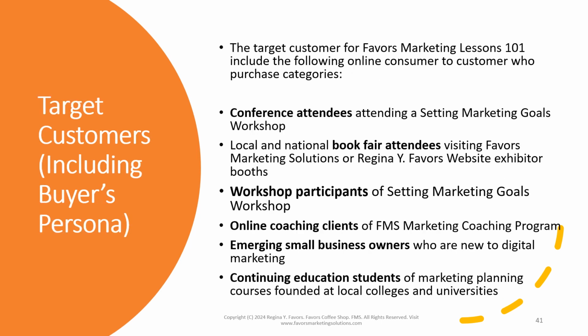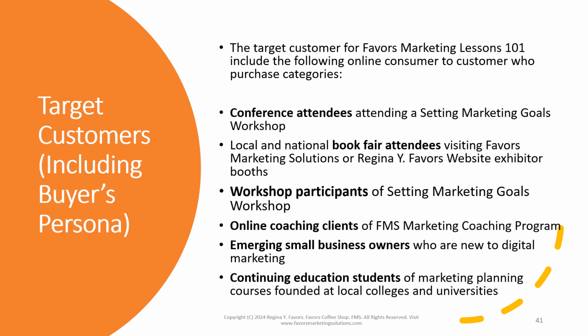All right, so target customer, including the buyer's persona. The target customer for Favors Marketing Lessons 101 include the following online consumer to customer purchase categories. So these are your conference attendees. These are the ones who will attend a setting marketing goals workshop. Then local and national book fair attendees. These are the ones who will visit a Favors Marketing Solutions or Regina White Favors website exhibitor booth.